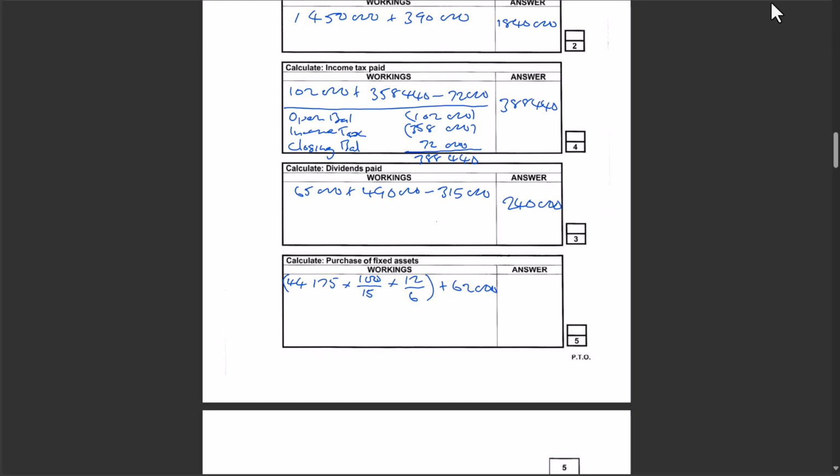That will give you 589,000 plus 62,000. So the total purchases for vehicles is 651,000. Okay, so that will be for the vehicles.